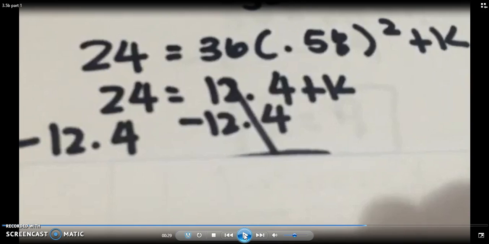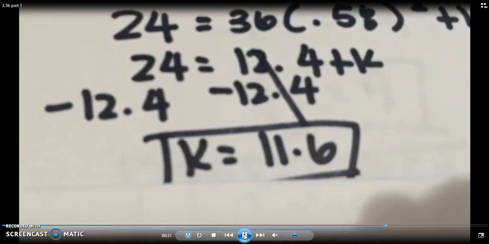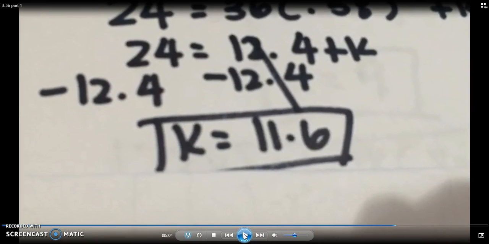Now I want to find my k, so I'm going to isolate the k by subtracting 12.4 from both sides. And 24 minus 12.4 is equal to 11.6. And so k equals 11.6.